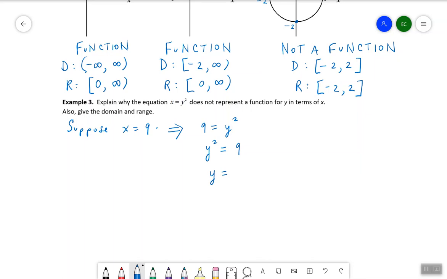Don't just say 3. Remember, the square root property tells us there's a plus or minus, and so there are actually 2 answers. There's a +3 and a -3. So what we've got here is an input 9 with an output 3 or -3. So an input with more than one output means not a function.